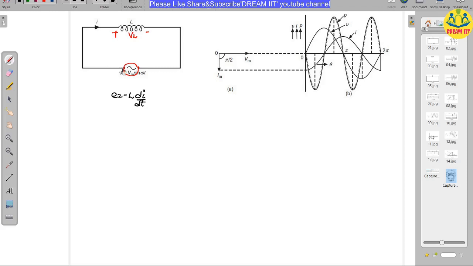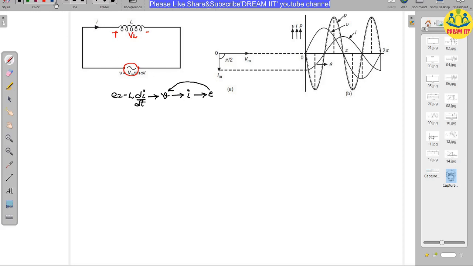But how is this induced EMF produced? Because you are applying a voltage, some current flows, and because of that some induced EMF is produced. So what is the ultimate cause of the production of this induced EMF? This applied voltage.